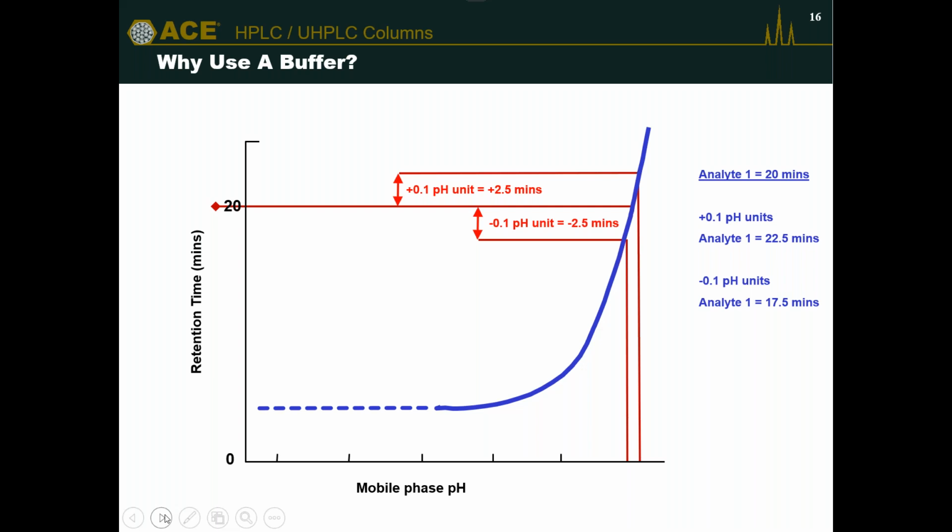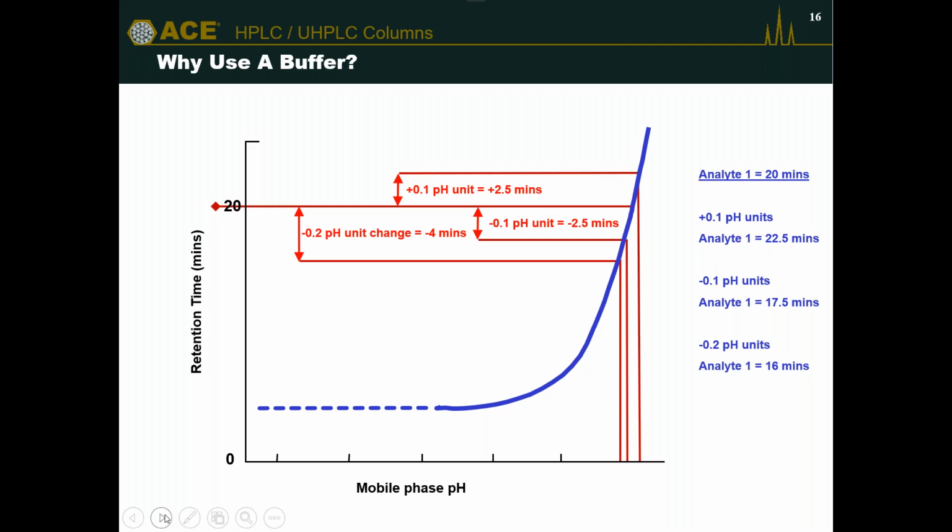So you can see here a shift of 2.5 minutes with a 0.1 pH unit change. If someone else has made up the mobile phase and it's got a 0.2 pH unit change here, again, I've got a significant change in the retention time of that analyte. My peaks are moving around. And if I have different analytes in my sample with different properties, obviously they're going to move at a different rate based on their titration curves.